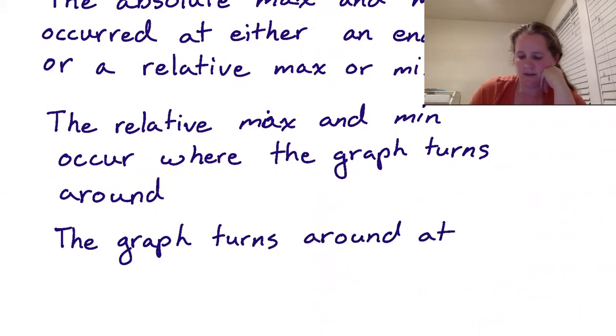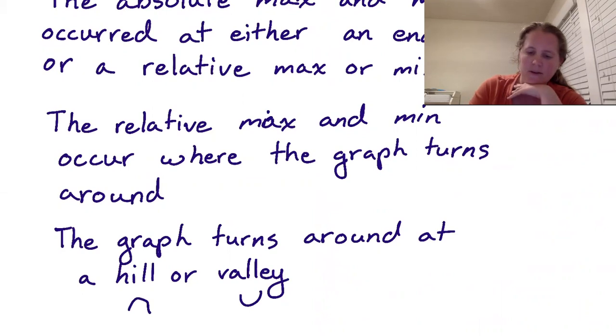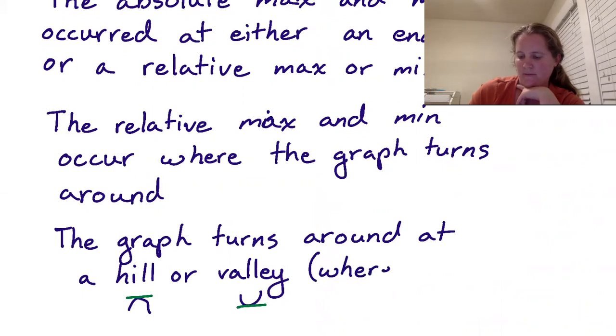A key point here is that if we turn around at either a hill or a valley, the place where it turns around has slope 0, or derivative 0. So the graph turns around at a hill or valley where the derivative is 0.